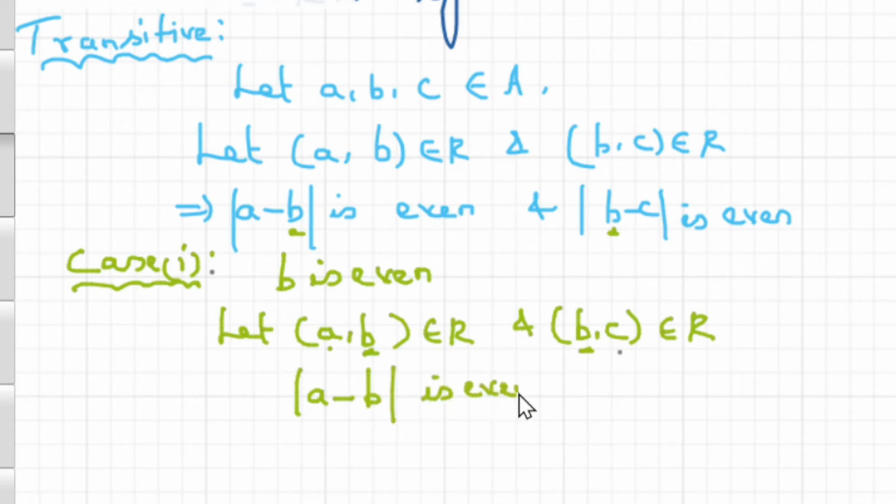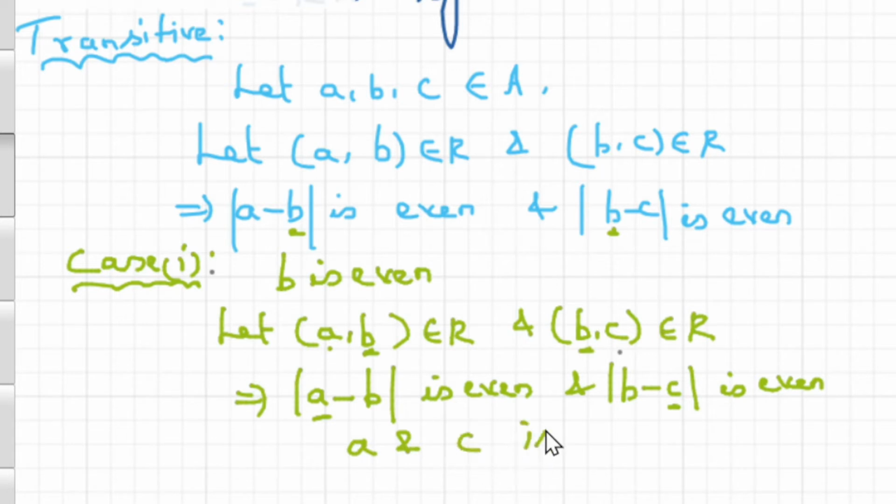That is the meaning. And automatically, the difference of the modulus being even means this a and this c must be even numbers. Otherwise, we will not get these modulus values even. So a and c must be even.